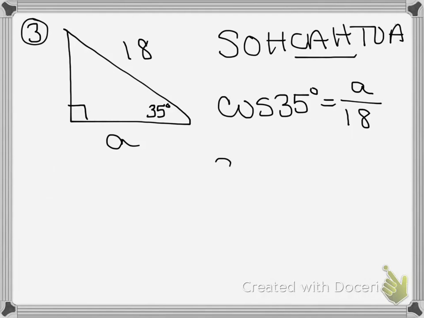Solving for A, we get 14.74. You may be wondering how many decimals to take everything to. Let's go ahead and say take side lengths to 2 decimal places and take angles to 1 decimal place.